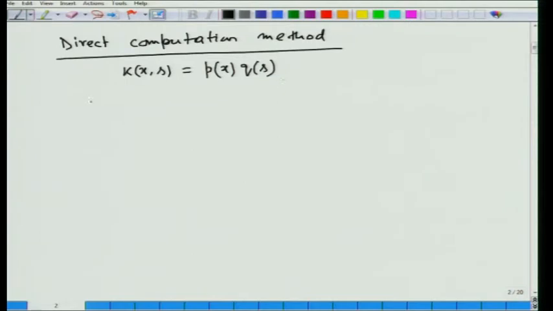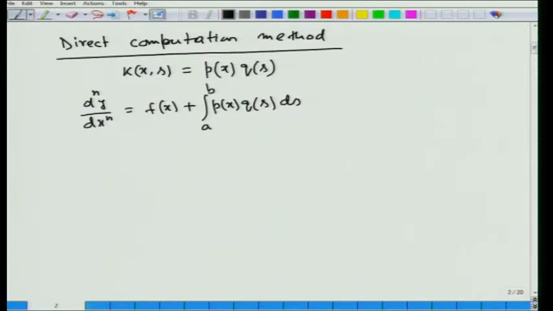So, with this type of kernel, the given integro differential equation becomes d^n y/dx^n = f(x) + integral a to b of p(x) q(s) y(s) ds.